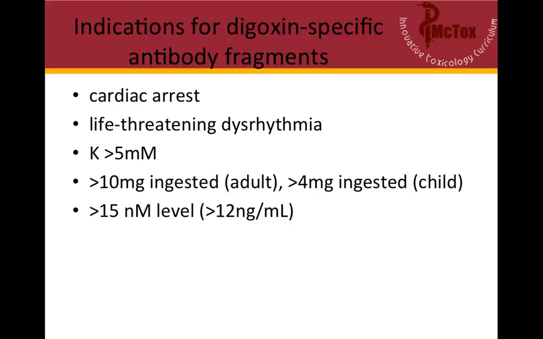In chronic digoxin toxicity, treatment can be considered if associated with dysrhythmias, significant gastrointestinal symptoms, or altered mental status. DigiFab can also be considered for patients that have been poisoned with a non-digoxin cardioactive steroid.